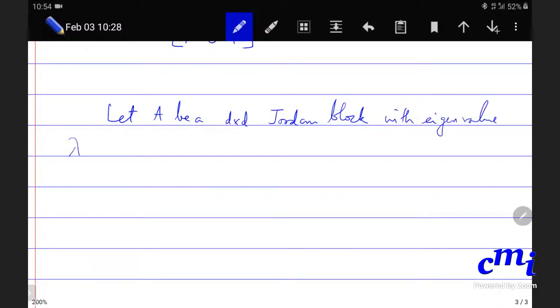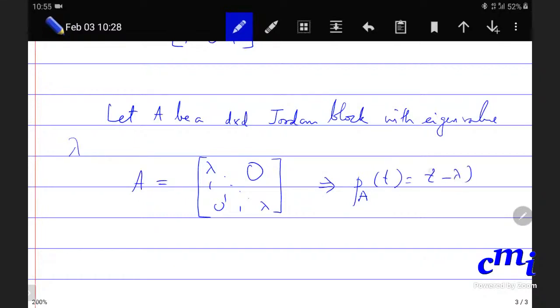Then it will look like this. And its characteristic polynomial is just t minus lambda to the d. This is d by d.